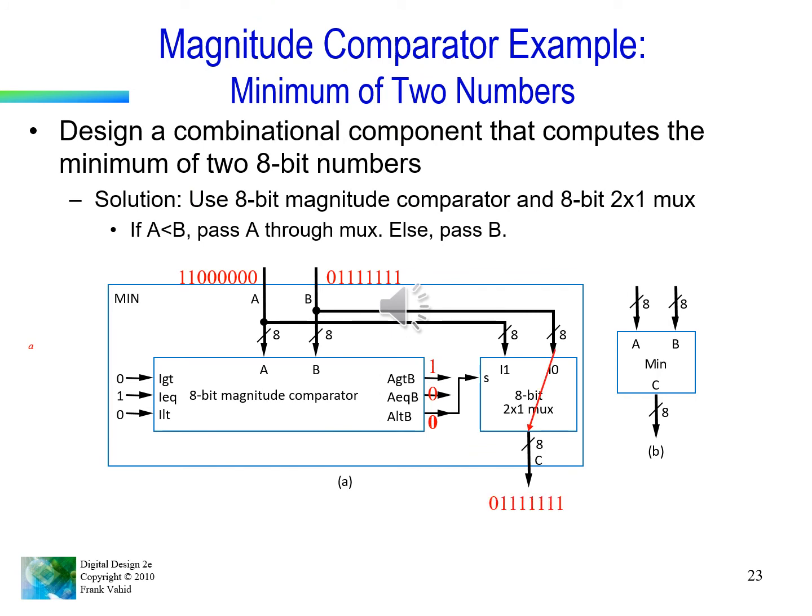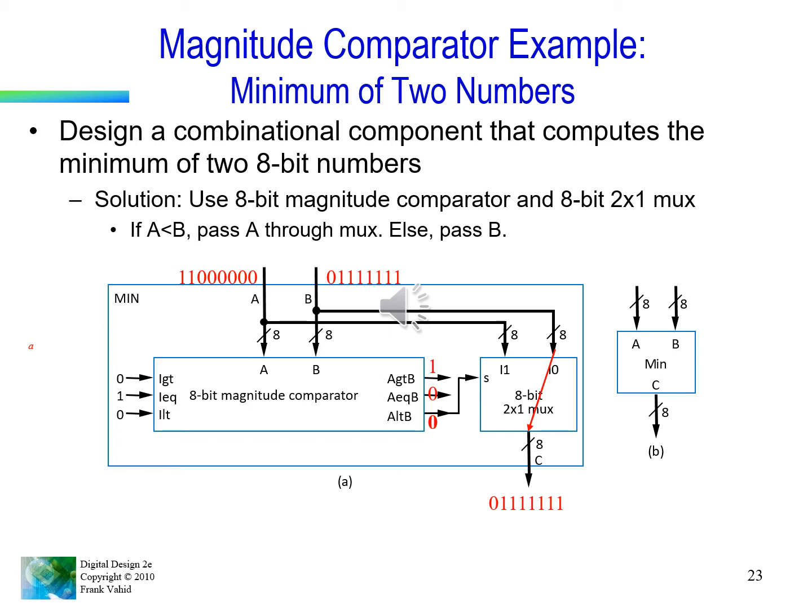Let's come to an example in which we have to compare two numbers and output the minimum of the two. For this, we have a magnitude comparator in which we are giving A and B as the input. The input equality is kept as 1, and the output A less than B is given to the multiplexer. Why to the multiplexer?